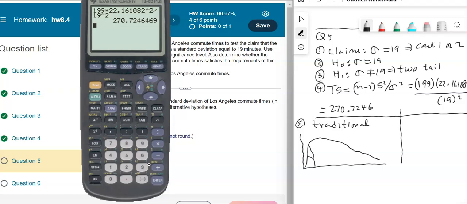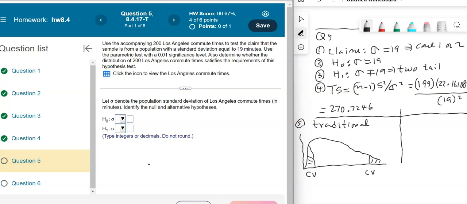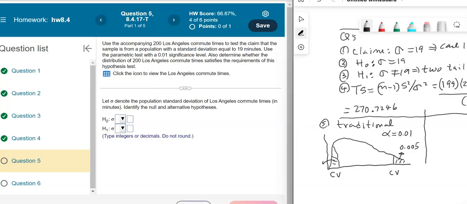We have a critical value here, and we have another critical value. Why? Because it's two-tailed. Now, the significance level is 0.01. So this area is half of that, 0.005. This area is half of that, 0.005, same thing.